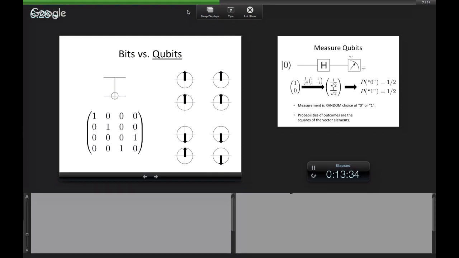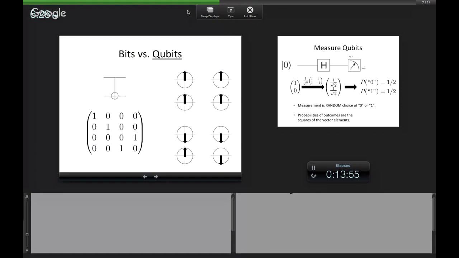Okay. I need some more chalk space. Sorry. So this is an operation. This is good because we're going to use this operation in the code. It's called a Kronecker product.